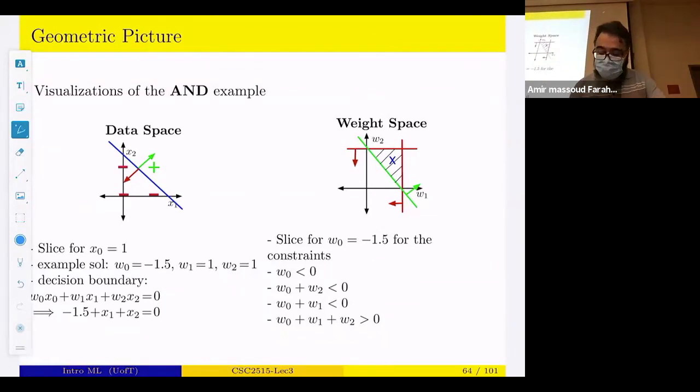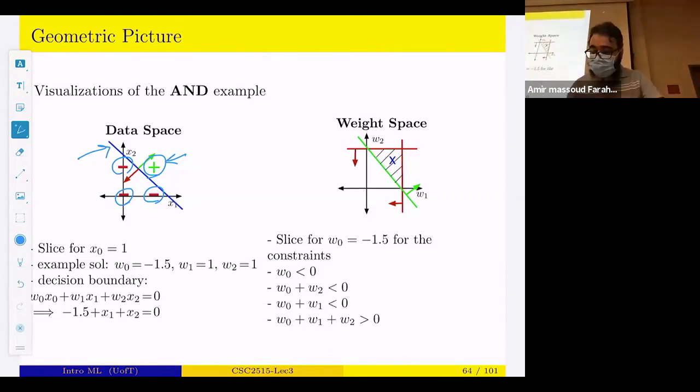So we can talk about data space, where we have negative, negative, negative, and the only positive case is when both x1 and x2 are +1, which would be this green point. And then the linear classifier would be this line here, which would be a plane in 3 dimensions. Now this is only a slice that we're looking at.